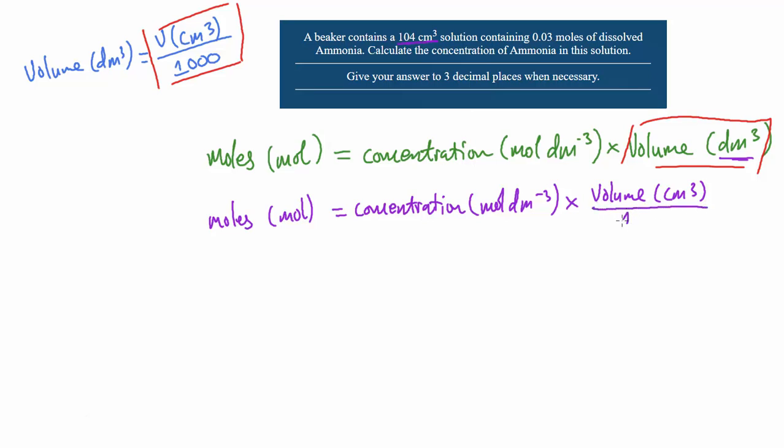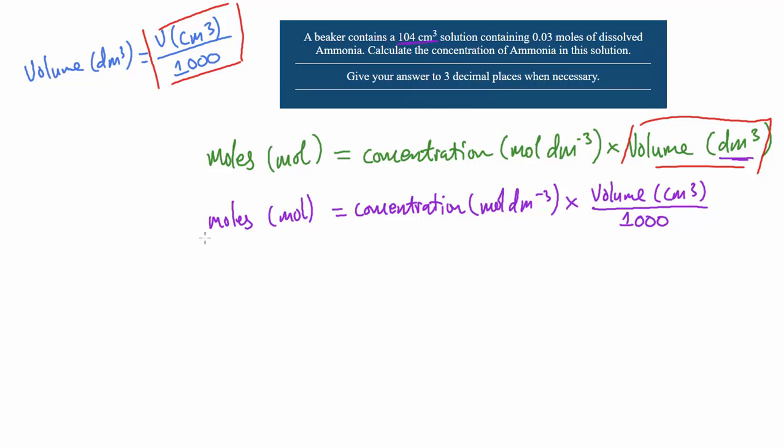Okay. Now, from this point, we do need to work out the concentration, so that is the main focus. In order to rearrange this, we're going to do 2 operations at once.